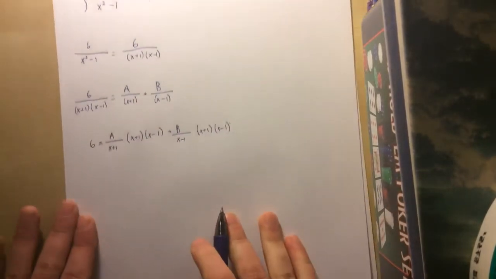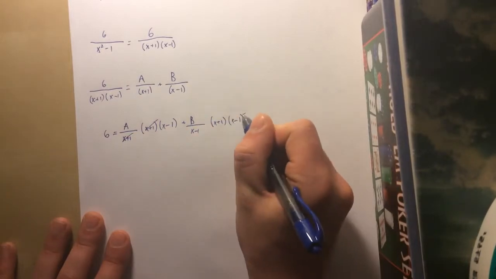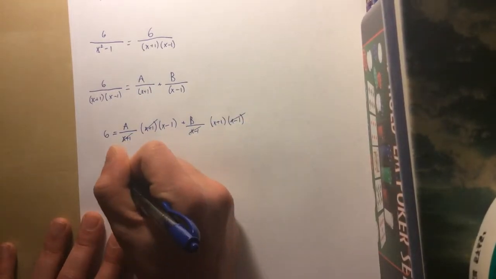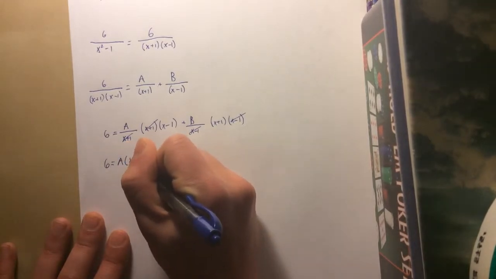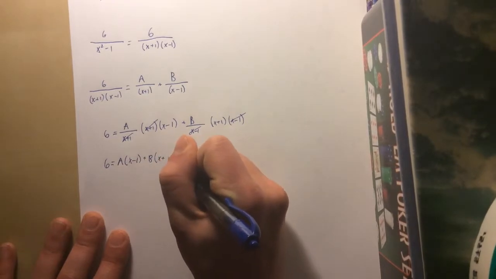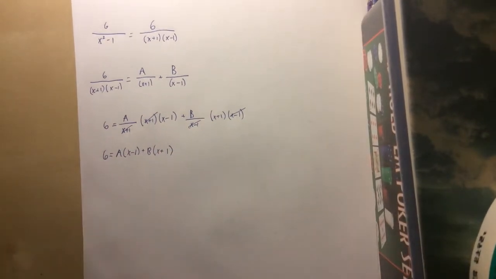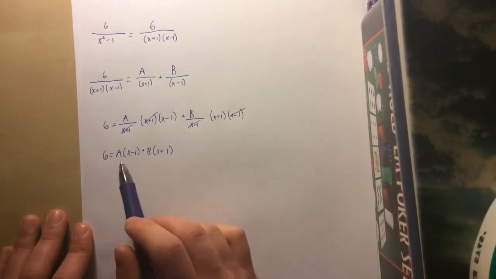Lots of terms are going to cancel out, and we get that 6 is equal to a times x minus 1 plus b times x plus 1. So now we have one equation, but with these two unknown constants.